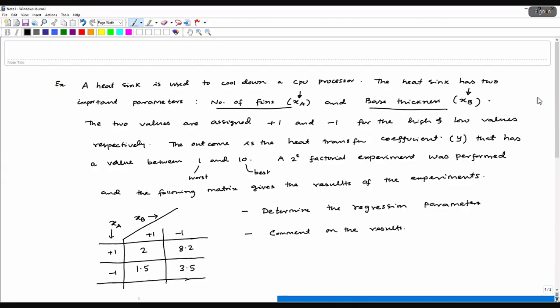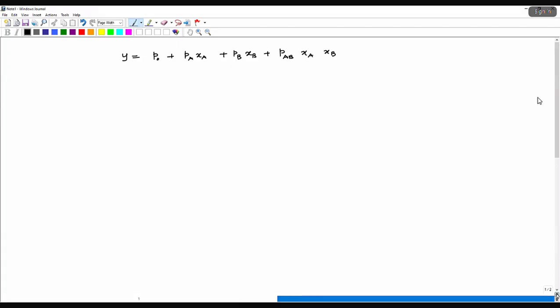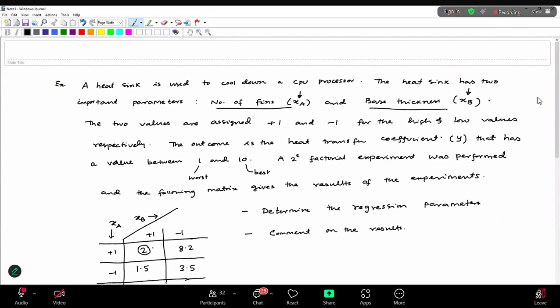Okay. So this is the equation I had written down yesterday. We have PAB, say, into XB. So today you have the preliminary results for this equation, right? So this is basically your y1, this is y2, this is y3, this is y4.